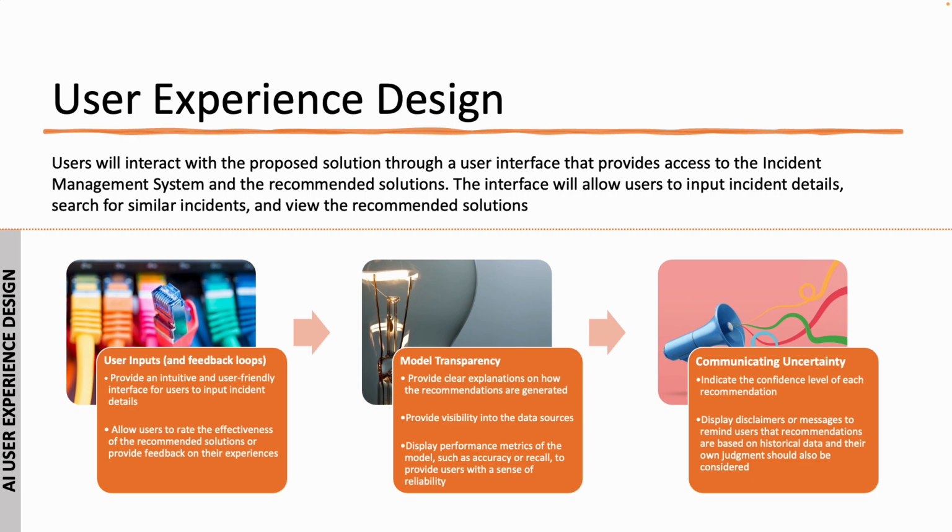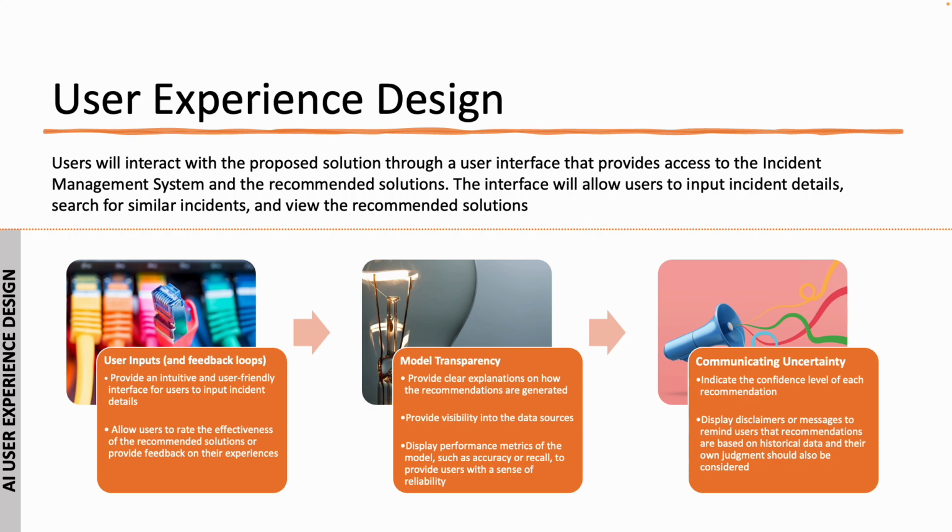From the model transparency standpoint, we want to provide clear explanations of how the recommendations were generated, also provide visibility of the data sources to the users, and display the performance metrics like accuracy or recall. To make sure that we communicate the uncertainty, we want to indicate the confidence level of the recommendation.